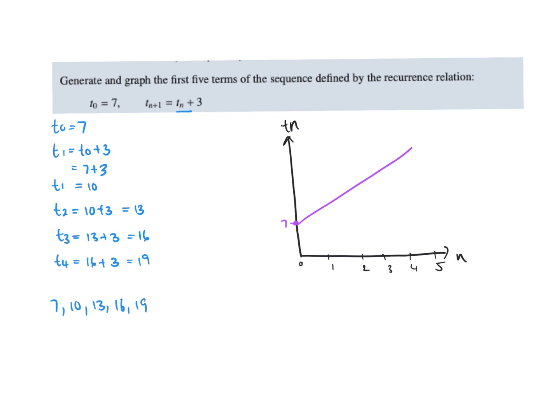I'll just do the 4 one. So when it was 4, it was 19. And then you can just pop in your other ones, okay? So our other ones were when it was 1, T1 was 10. So 1 comma 10. T2 was 13. T3 was 16. And T4, 19. There you go.